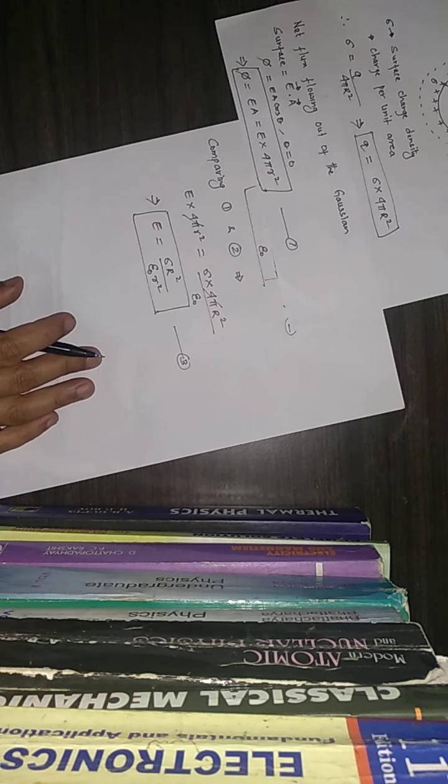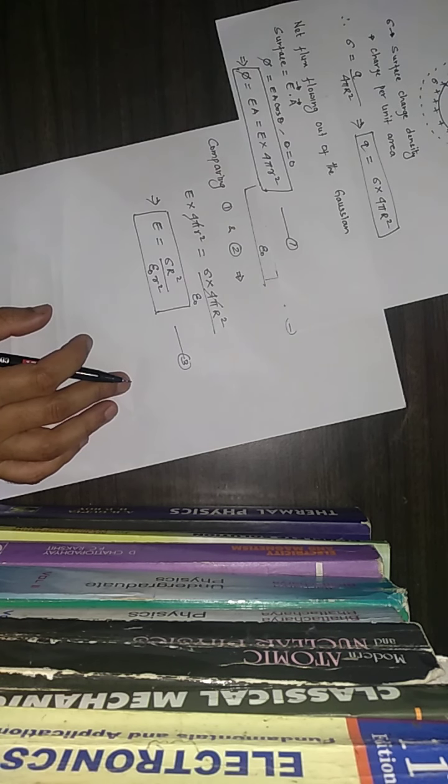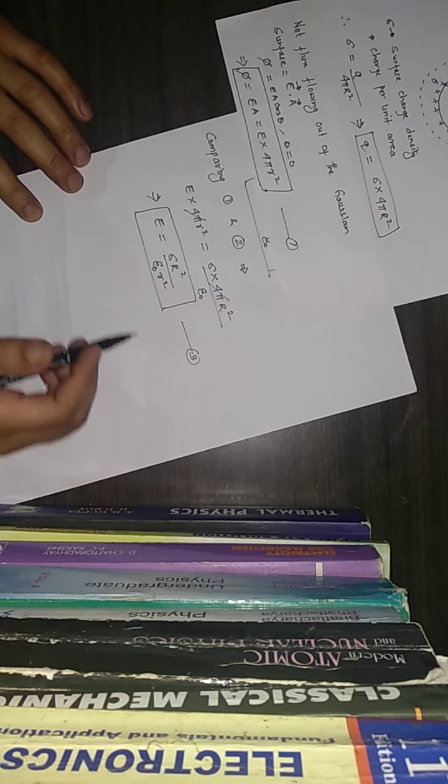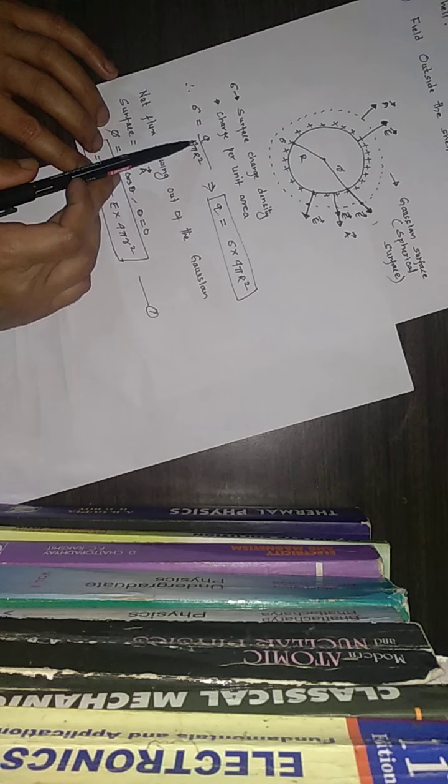Or we can write this in another, most utilized form, and that is what we do here: we put the value of sigma equal to Q divided by 4 pi R square.